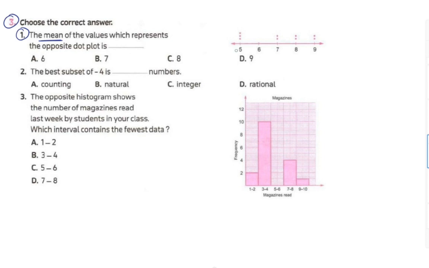Now we have a dot plot. I will use the balance point. So to use the balance point, I will move dots to the right and to the left with the same step. Here we have 2 dots, 2 dots, 2 dots, and we have 3 dots here.